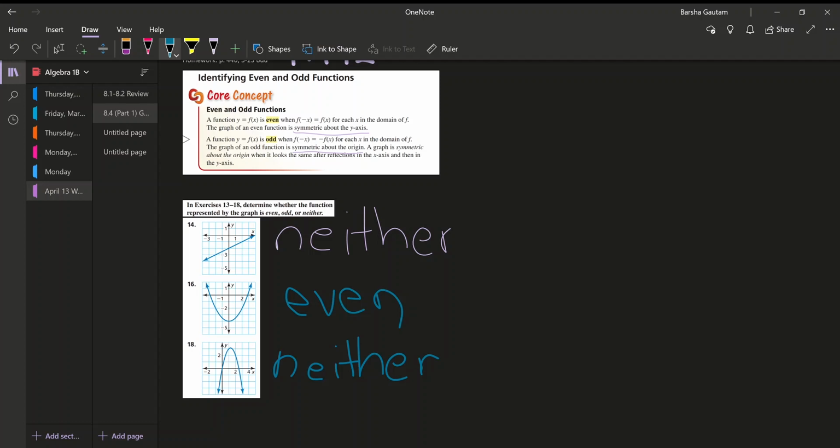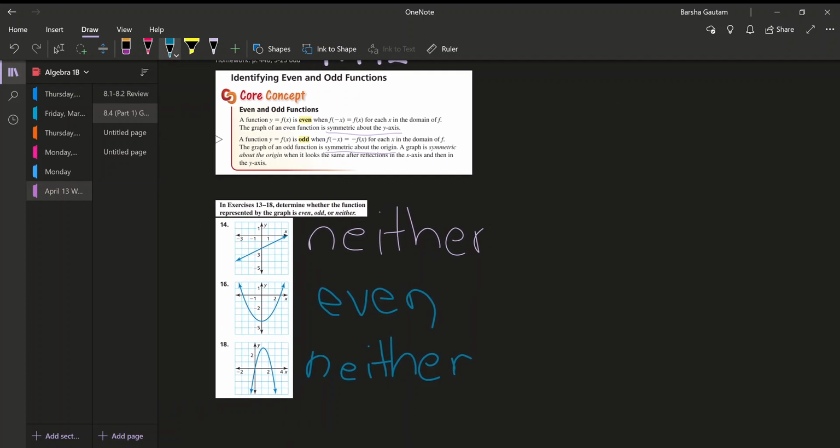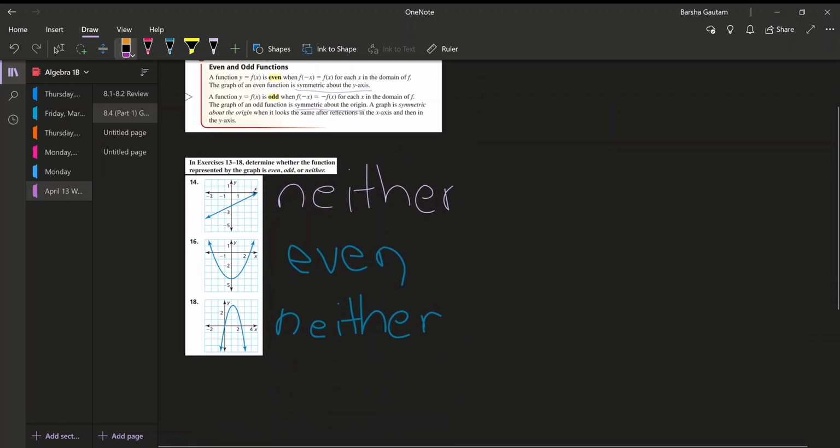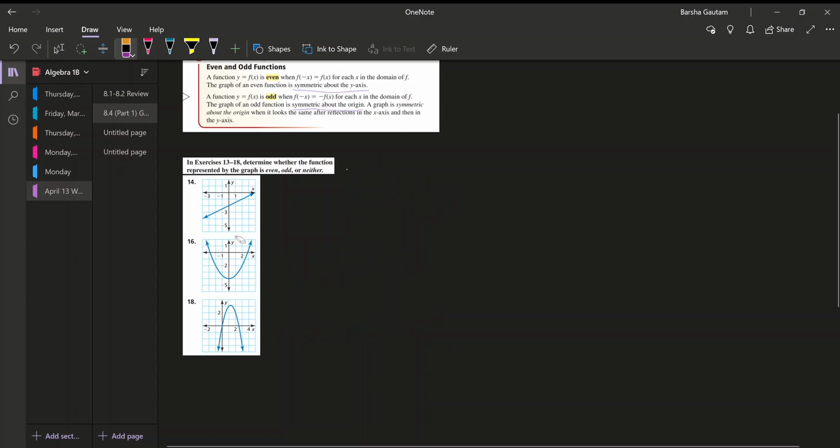Okay, so now how can we prove whether something is odd, even, or neither mathematically? If we had something like an equation. Okay, so let's go ahead and erase these real quick. Okay, I'm going to erase this. Let's get rid of this too.